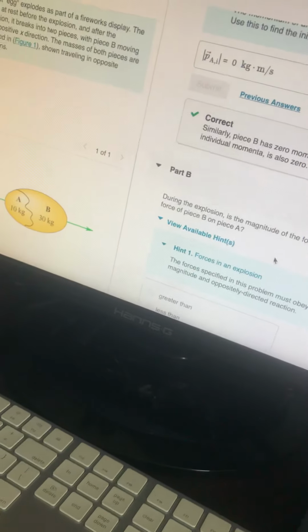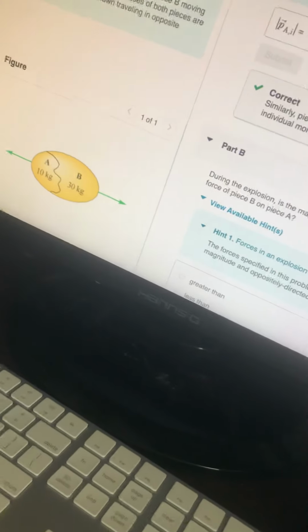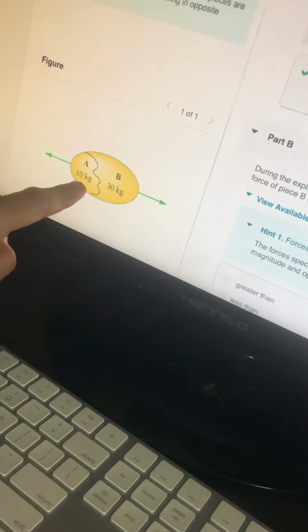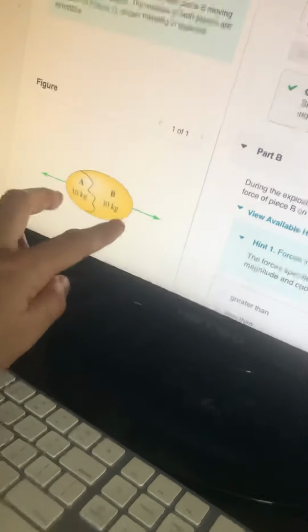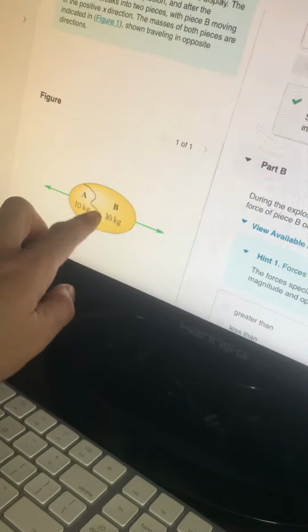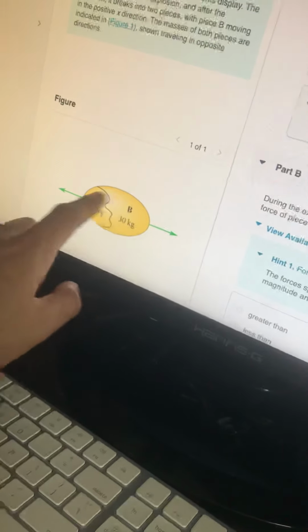Well, the force is just going to be the velocity times the, how do I say this? I know the weight is not involved. So even though this one is 10 kilograms and this one is 30 kilograms, the force acted on this with this compared to this on this is the same.